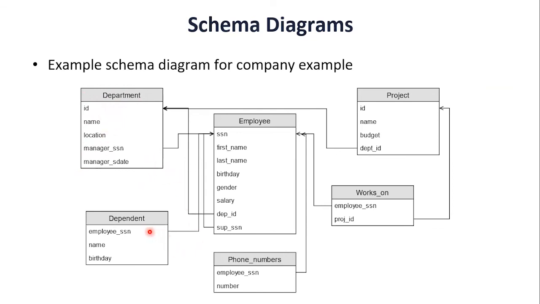And to represent foreign keys, as you can see here, this employee SSN goes as an arrow to the related employee table, and it indicates that this actually came from this primary key. And even here, this department ID goes like an arrow and shows that it came from this primary key of department's ID. So this is one way you can draw this schema diagram.